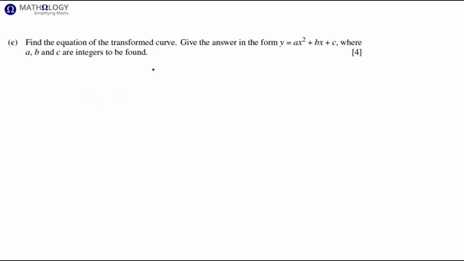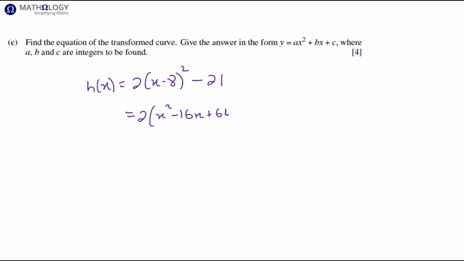Find the equation of the transformed curve. Give the answer in the form y equals ax squared plus bx plus c, where a, b, and c are integers to be found. So h of x, that's what we called the function, was 2 times (x minus 8) all squared minus 21. To get this in standard form, we have to multiply out. So it's going to be 2 times (x squared minus 16x plus 64) minus 21.